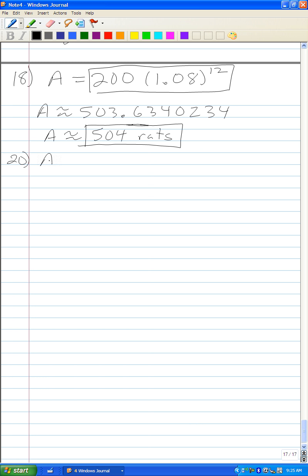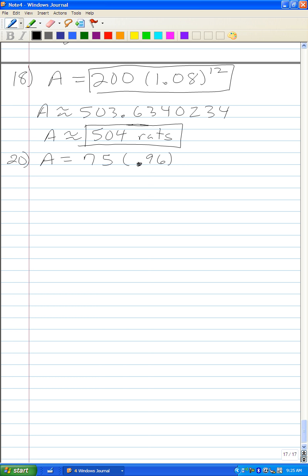And so the amount is, well, you start out with 75 grams and 4% decay per day. Therefore, you start with 100%. You decay 4% of it. So 100% minus 4% is 96%. And so, written as a decimal, 0.96. So every day there's 96% of what you had the previous day.